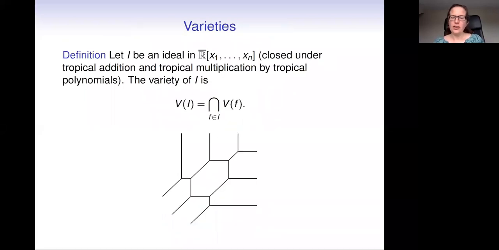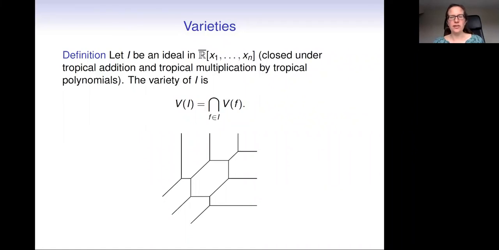Perfect. Okay, now let's go up to multiple variables and maybe more equations. So classically, if I give you an affine variety, I give you a bunch of polynomials and I ask you for the common solutions. Or equivalently, I give you an ideal in a polynomial ring and I ask you for the common solutions for every polynomial in the ideal. If we're over the semi-ring of tropical polynomials, we can still talk about an ideal.